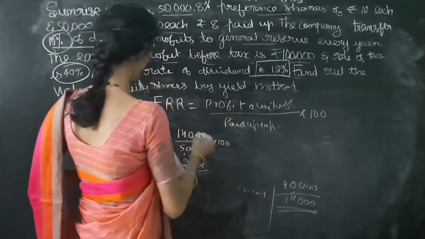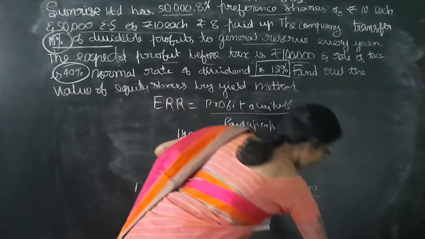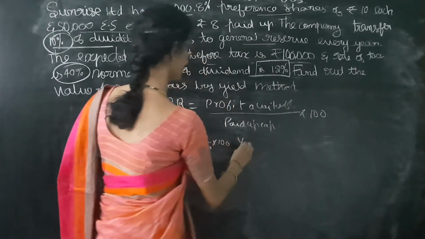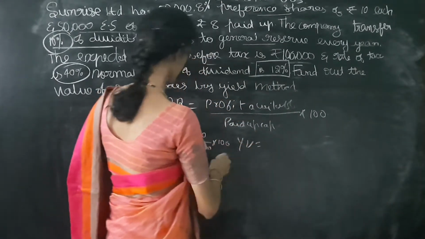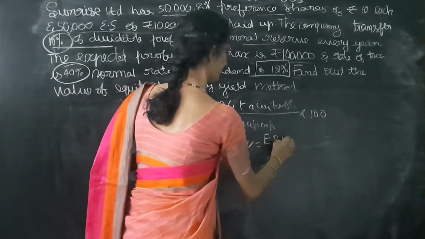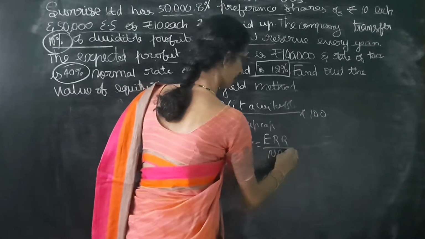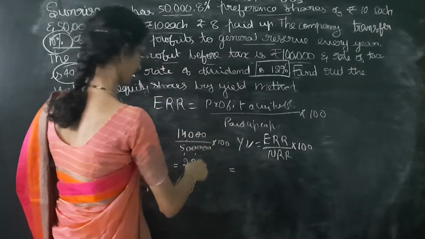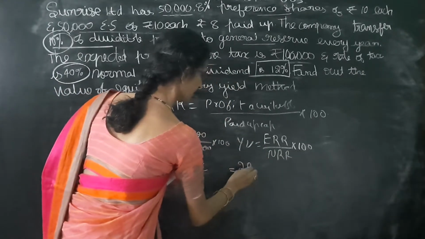Then we have to calculate the yield value. Yield value is equal to ERR divided by NRR into 100. ERR we already calculated, it is 28.